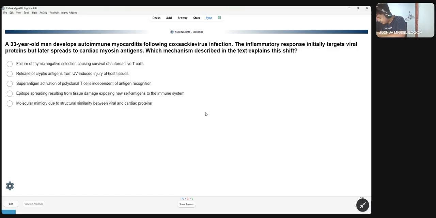For the bystander effect, oh, okay, so I get it now. It initially targets the viral proteins, but later spreads. So that's called bystander effect, which is epitope spreading. So I get it now.